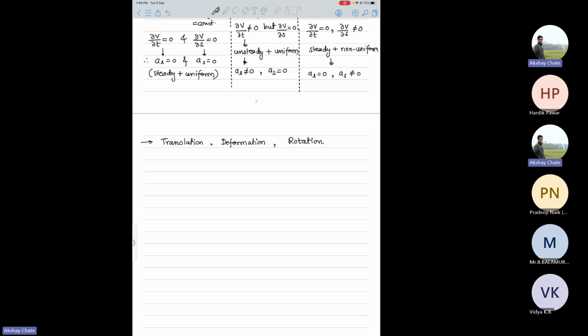As the name suggests, translation means it's pure translation. Like if your area of interest is a square fluid domain, it will just simply be transferred from one coordinate x, y to x1, y1. There will not be change in the shape of that domain.